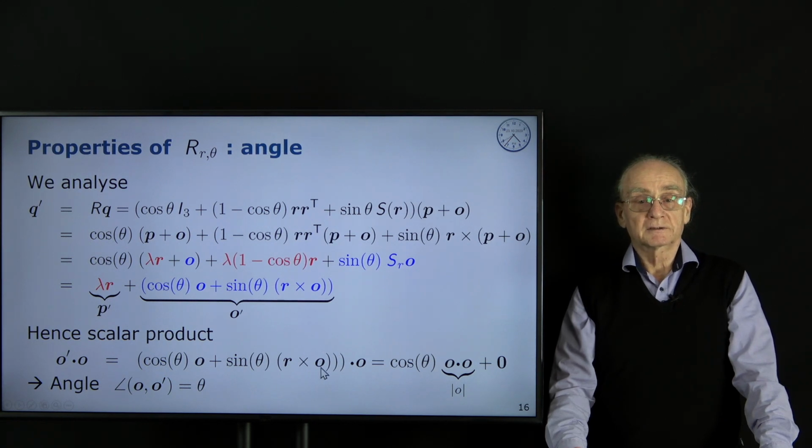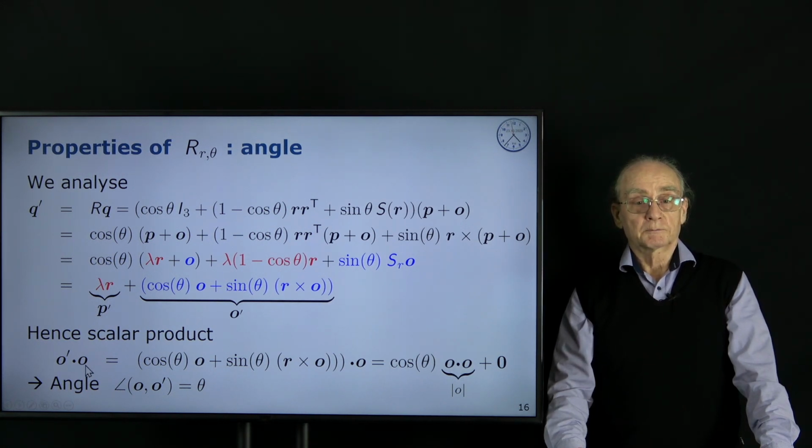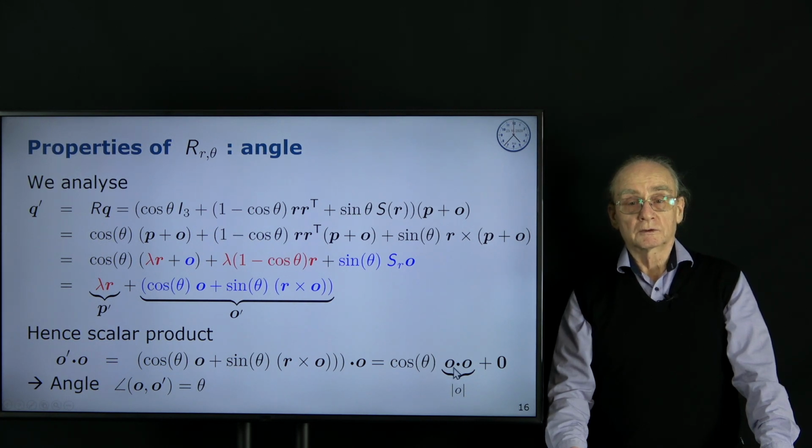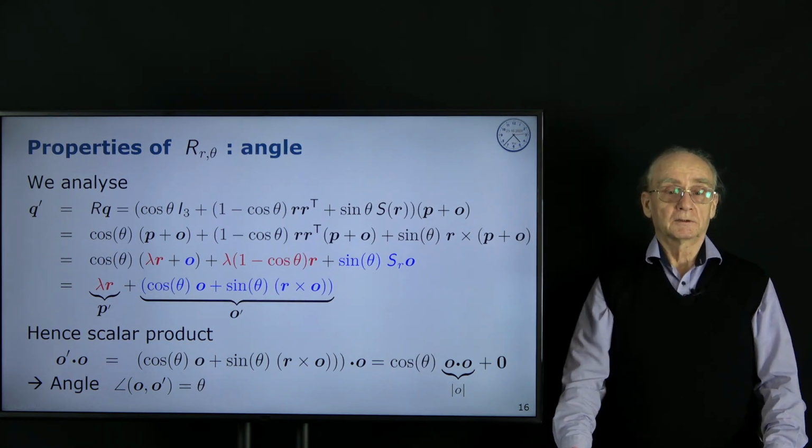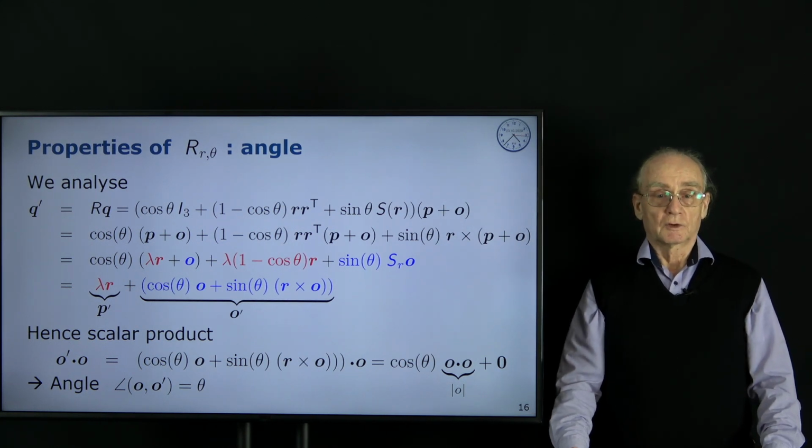And the second part is a cross product with having o in here and o outside as dot product. So this part is 0. And we are left with this. So we have here o prime dot o is o dot o multiplied with cosine theta. That means actually the angle between these two vectors o prime and o is theta. So we are done and know that we can use this rotation matrix for our purposes.